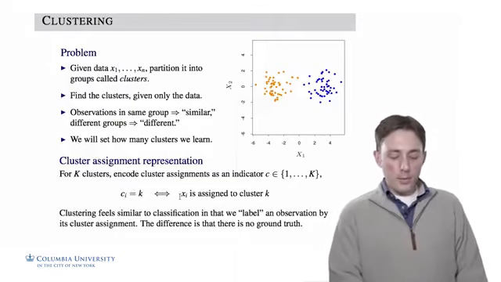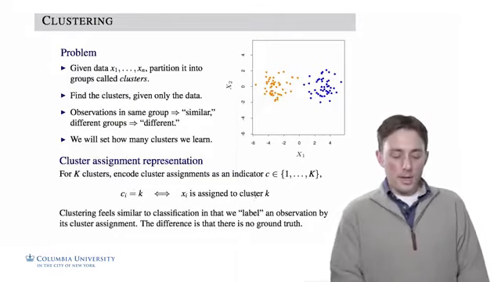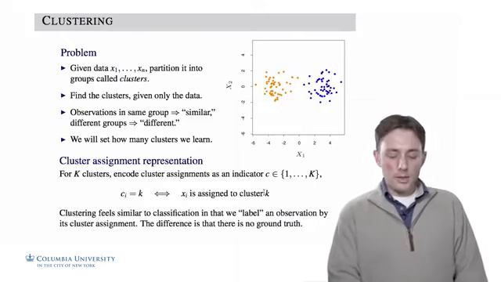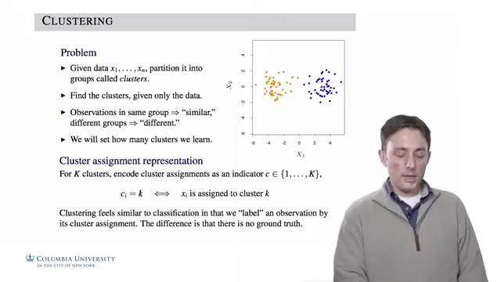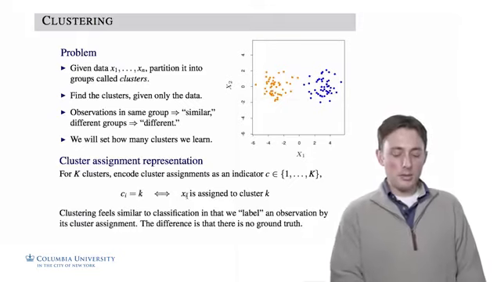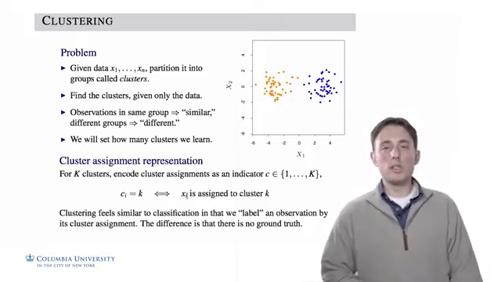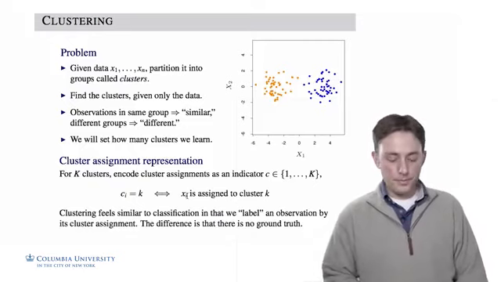Then for the ith data point xi, if xi is assigned to the kth cluster, then ci is going to be equal to k. So this auxiliary variable ci is going to be an index of what cluster the observation xi belongs to.